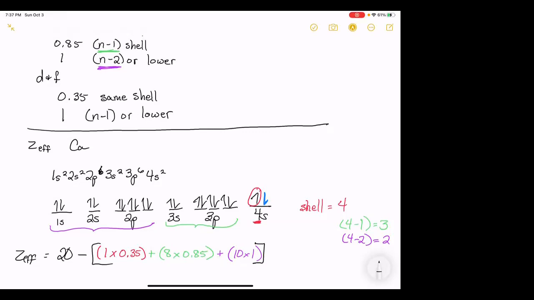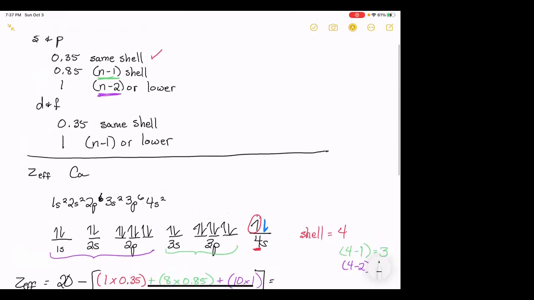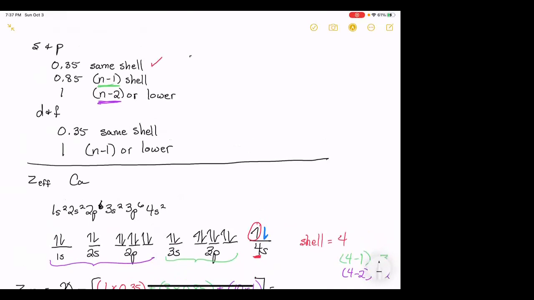How do the electrons that are in the third shell shield the electron we're studying? And how do the electrons in anything lower shield? And so once you do that, you would simply do the calculation to get the Z effective. So it's literally going to be a matter of following these rules up here and knowing what shell you're starting with.